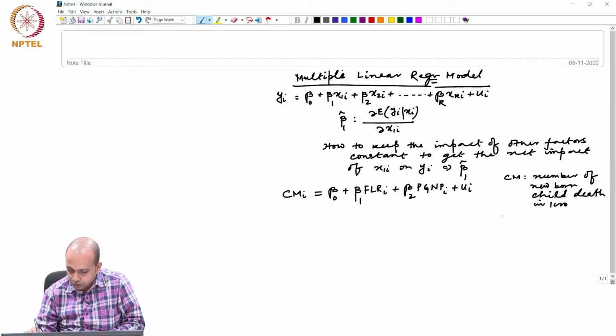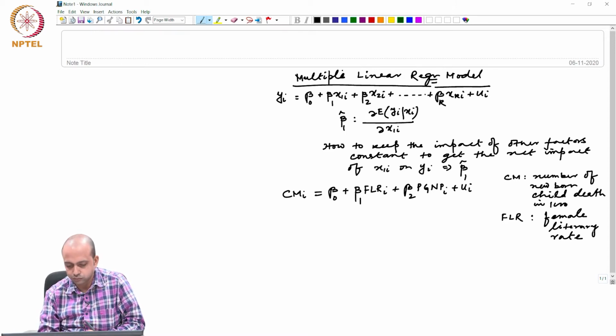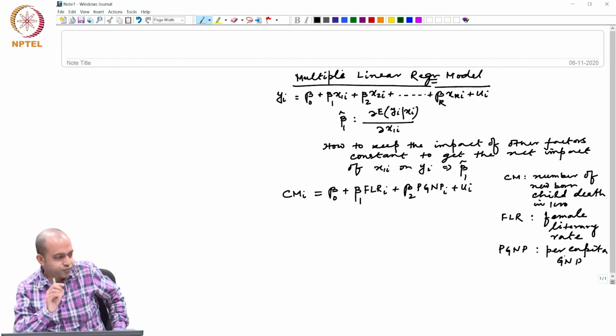And then our first explanatory variable is FLR, which is the female literacy rate, and then PGNP is per capita GNP, per capita gross national product.